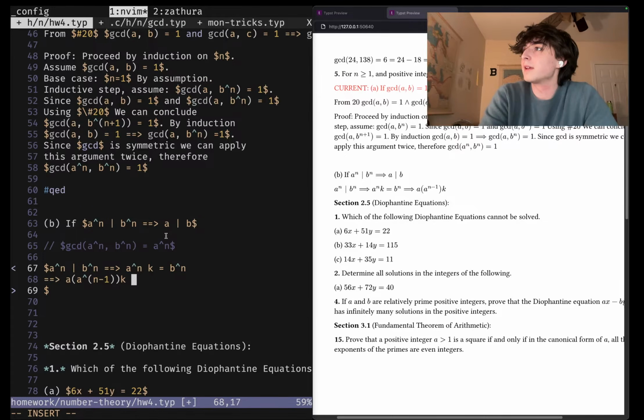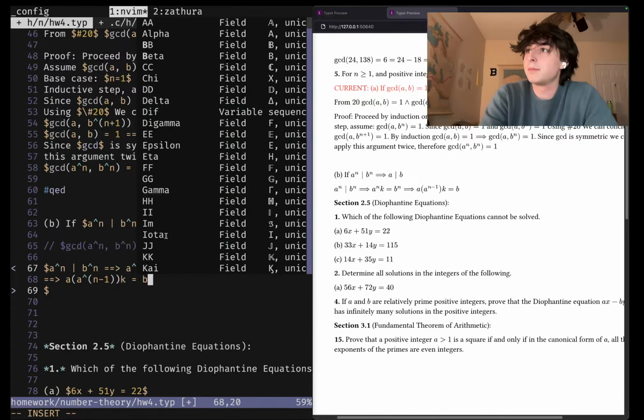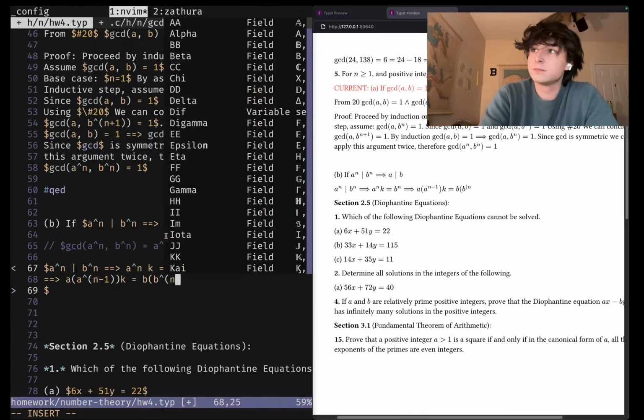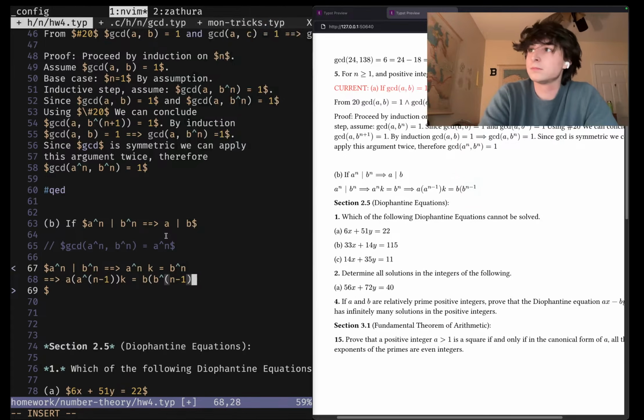And this is the same as B to the N minus 1. I'm just not sure what I'm allowed to do here exactly.